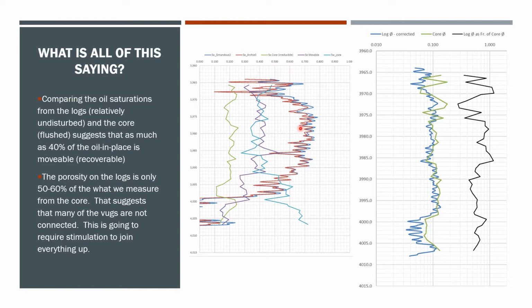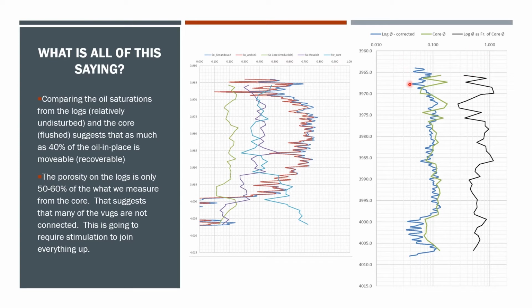Depending on what you think the average is here, and we can obviously calculate all of that, it works out to about 40% of the oil in place from this entire section being movable. Movable simply means that under the right conditions, you can get it to come to the wellbore. 40% of the oil in place is a big number. That's really quite attractive.